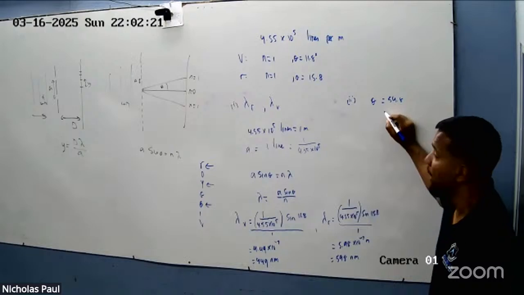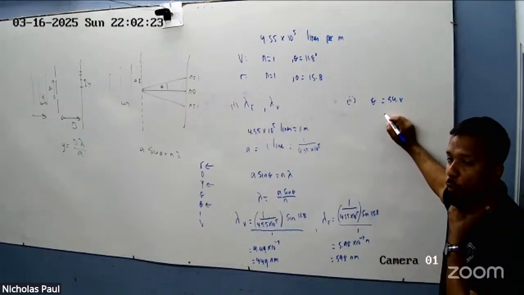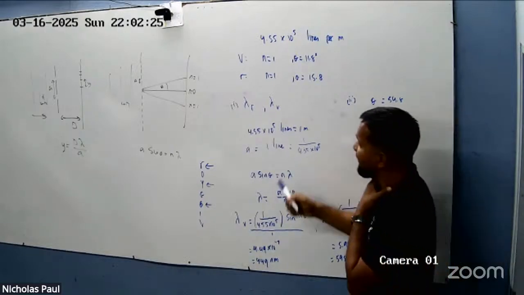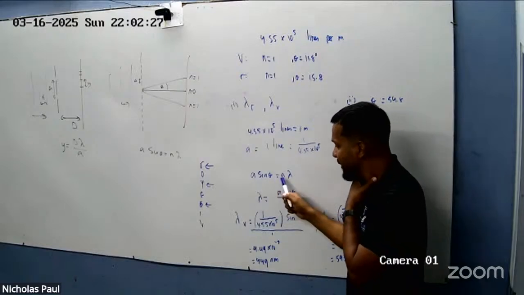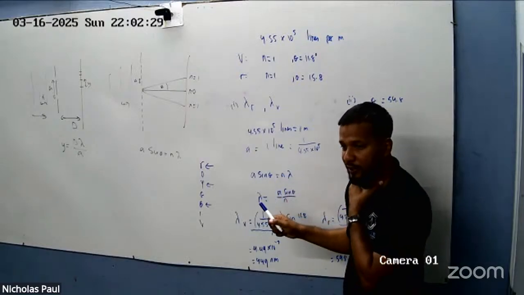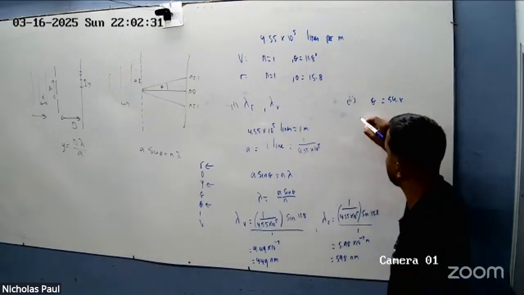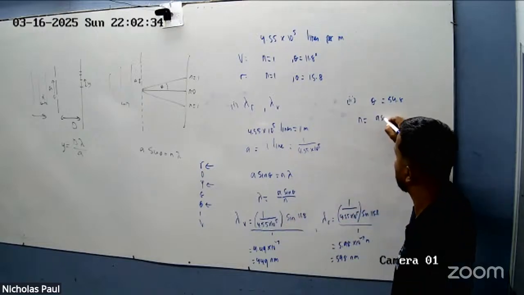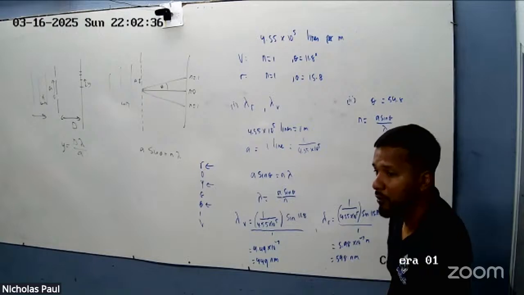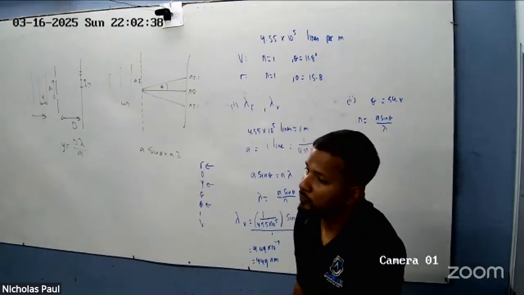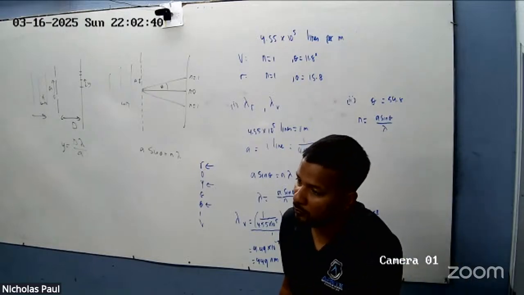Part 2 now, they want to know what is happening here. As I said, d and lambda will not change. So if you have, let's say, n equal to 9, that's the maximum.